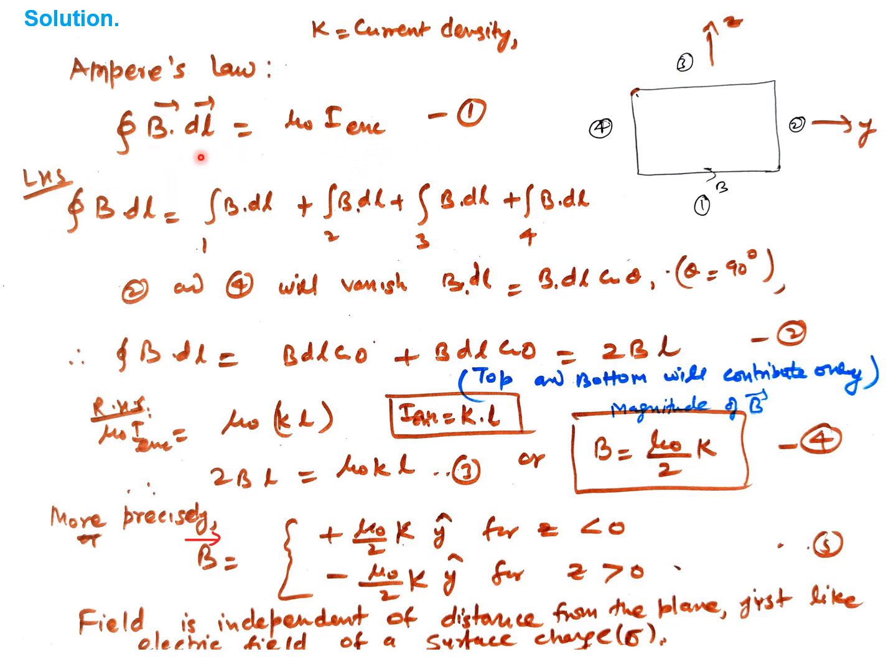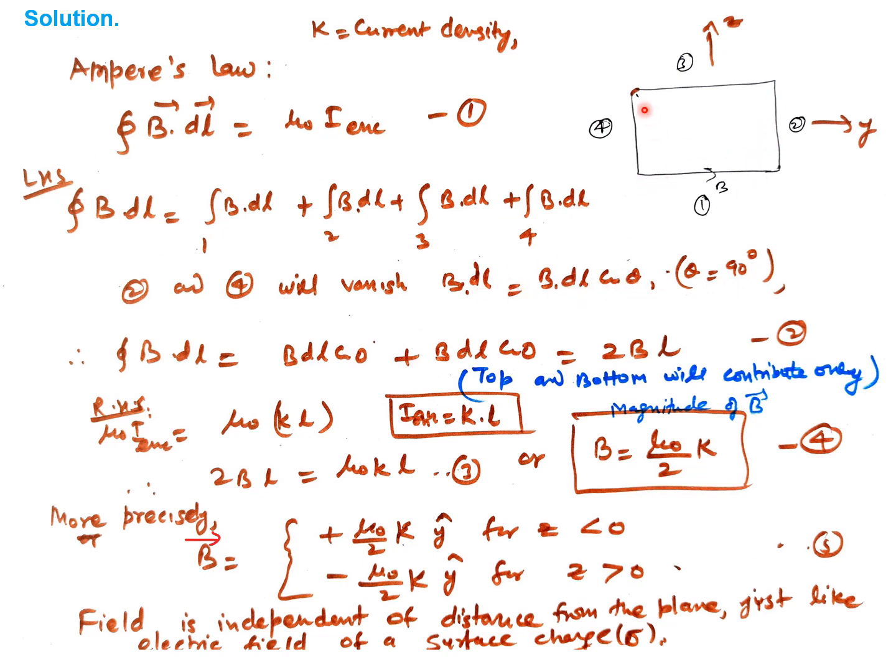This can be written as the sum over line segments 1, 2, 3, 4. We can add all these line integrals, and we will see that 2 and 4 will vanish, because the line element dl is in this direction and the magnetic field is in this direction, so the angle theta equals 90 degrees, so B dl cos 90 will give us 0.